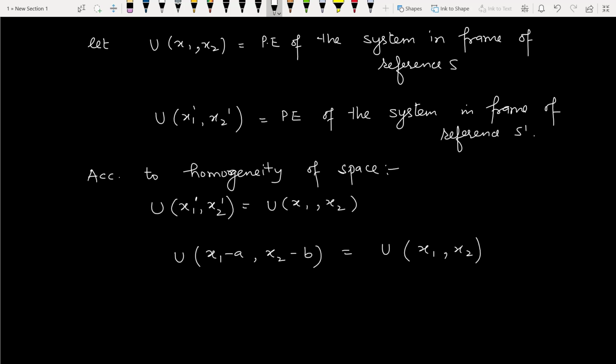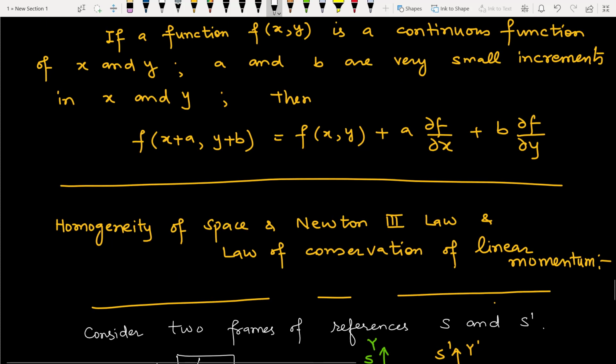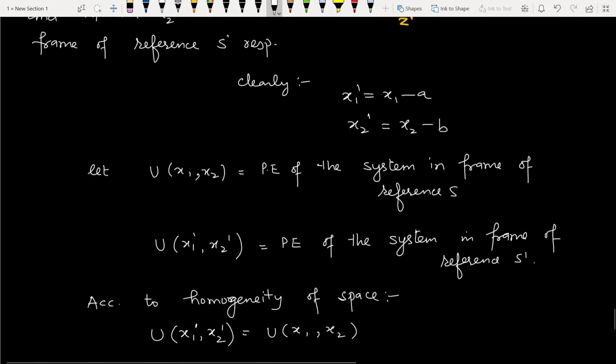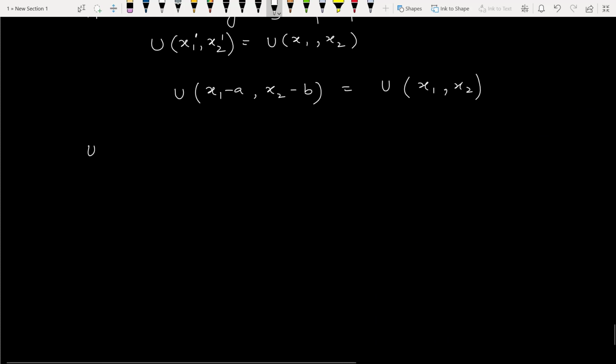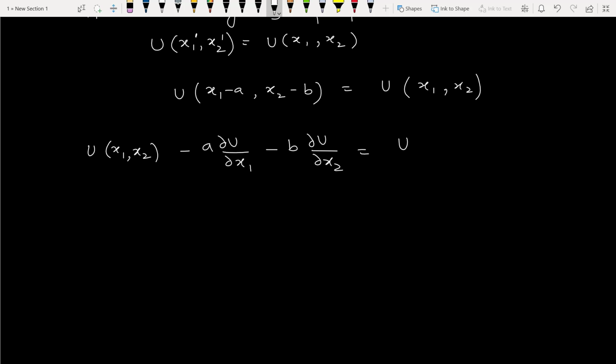So now we will apply Taylor theorem here, where we have the function, partial derivative with respect to x, partial derivative with respect to y. So here we write U(x1, x2) as the basic function, and minus A ∂U/∂x1 minus A ∂U/∂x2, equal to U(x1, x2).